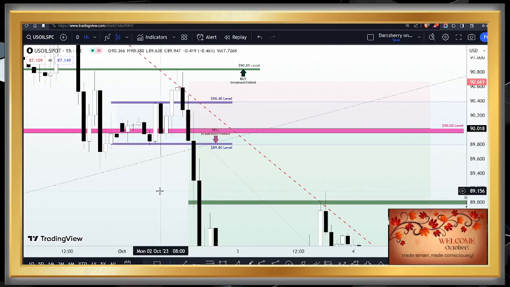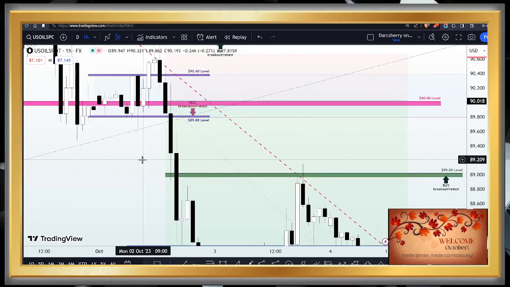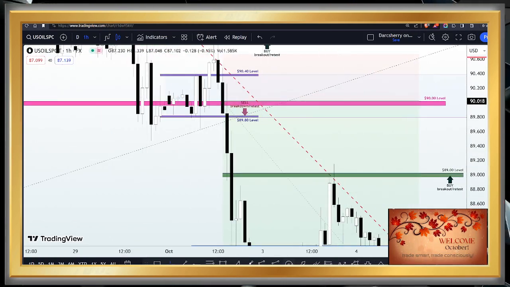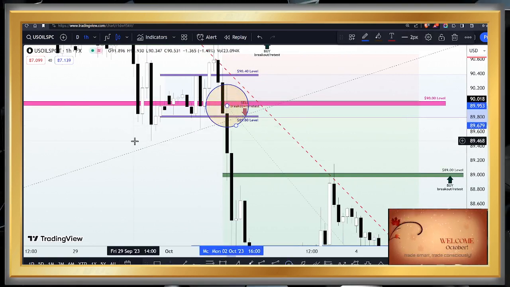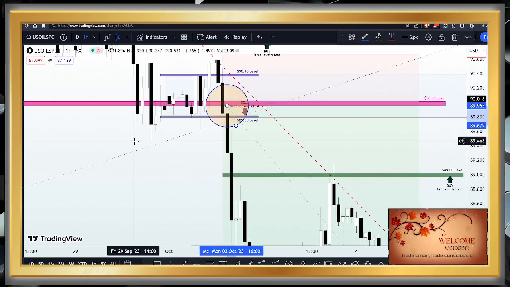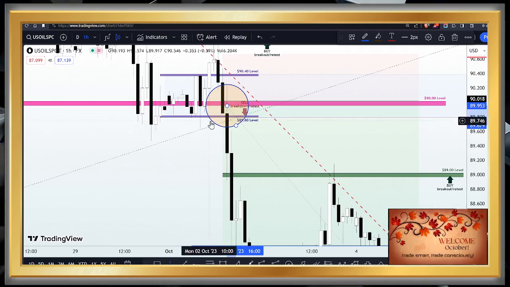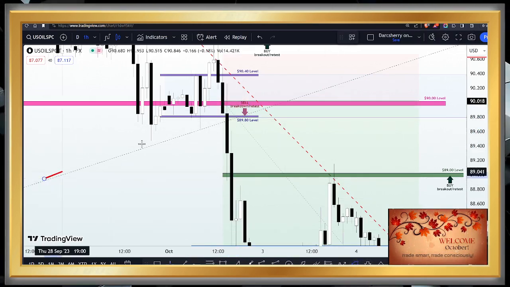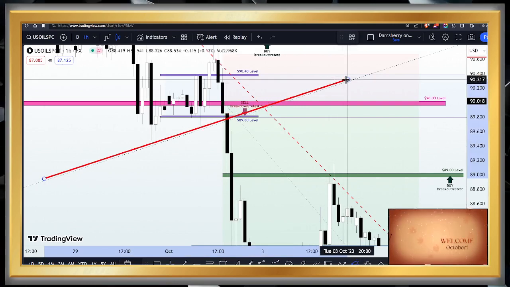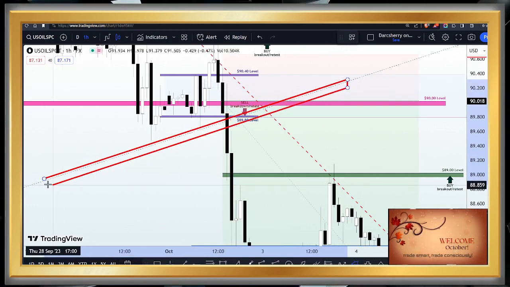Instead, we saw our price action drop below our key level at the $90 area, break down the structure, and in fact come back to retest the structure to give us a confirmation that sellers are likely going to be dictating the pace. And don't forget that we also had the ascending trend line, which we identified on the higher time frame right here, broken to the downside.